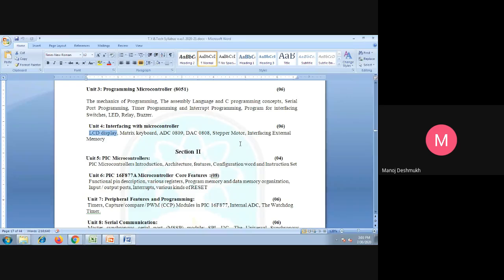Okay, so just note down unit number 4, interfacing with microcontroller, and the points: LCD, keypad, ADC, DAC, stepper motor, and external memory.